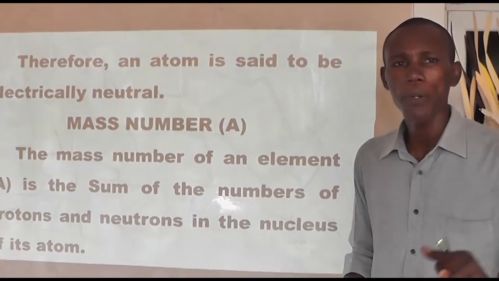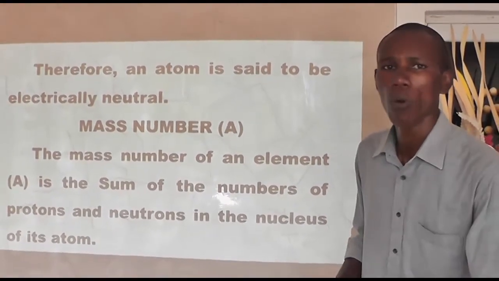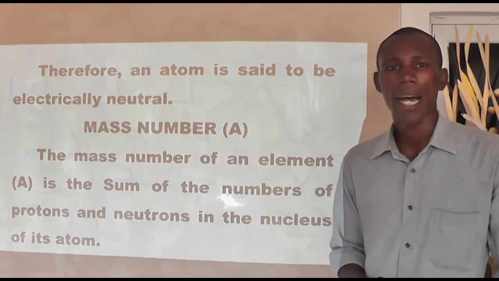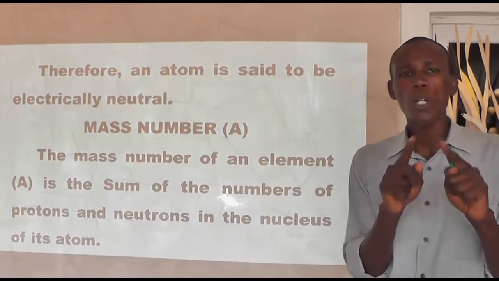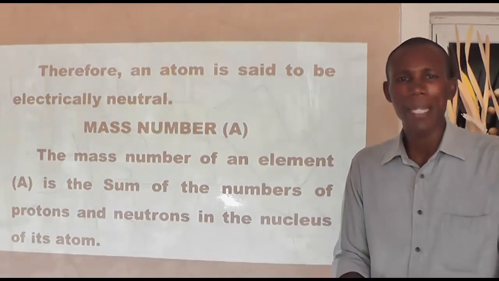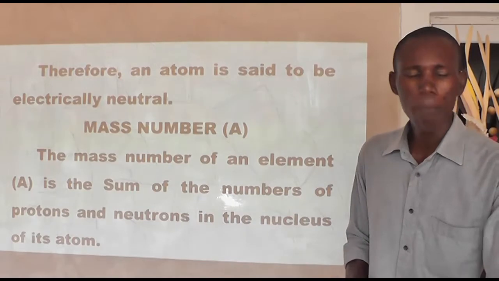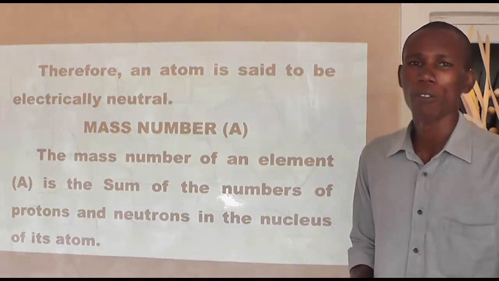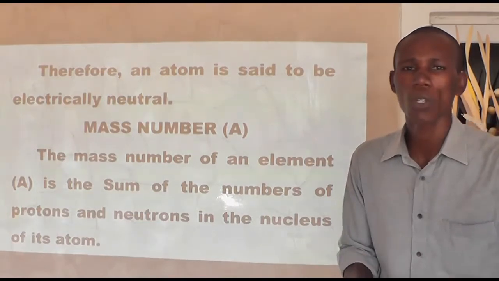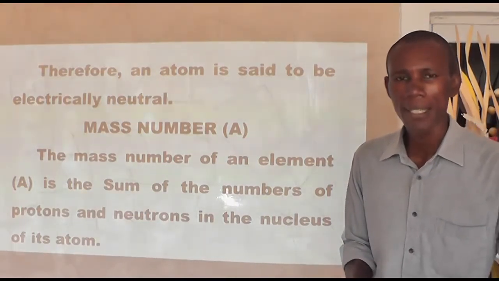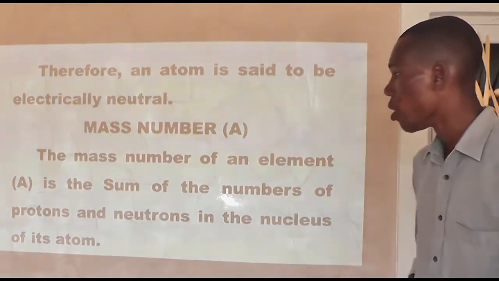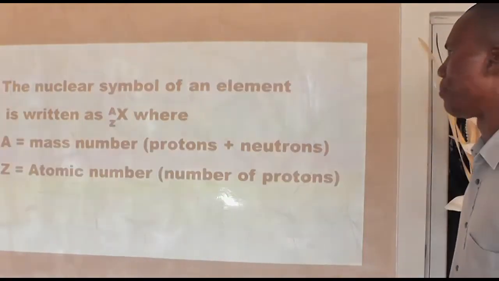We know where protons and neutrons are found, right inside the nucleus of an atom. Therefore, the mass number of an element is determined by the number of protons and the number of neutrons. Add the two of them together, it gives us the mass number. That is, number of protons plus number of neutrons is equal to mass number.